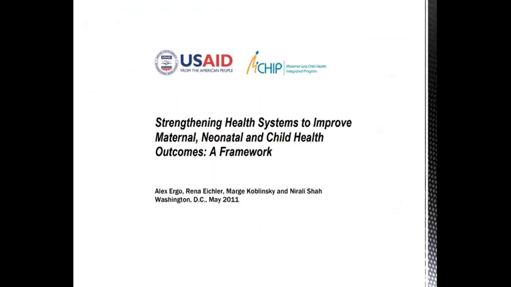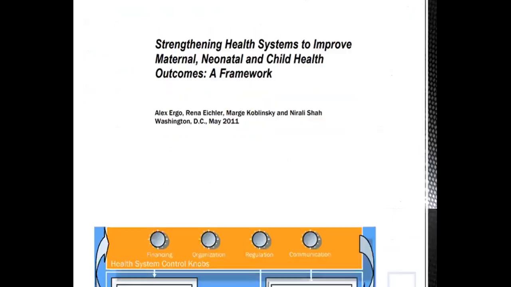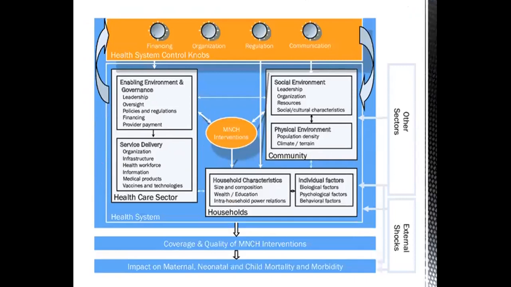Another framework: strengthening health systems to improve maternal, neonatal, and child health outcomes, a framework. In this, it uses a control knob framework: system enabling environment, governance, leadership, oversight, policies and regulation, financing, provider payment, service delivery including infrastructure, health workforce, information, medical products, vaccines and technologies, household characteristics, size and composition, health and education, inter-household power relations, individual factors, biological factors, psychological and behavioral factors, community, social environment, physical environment.